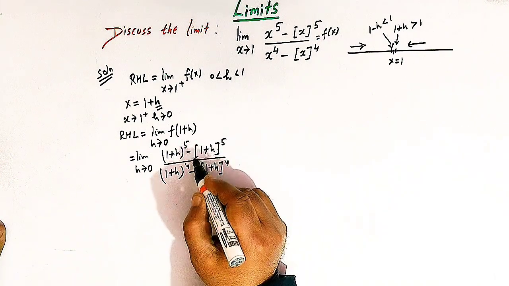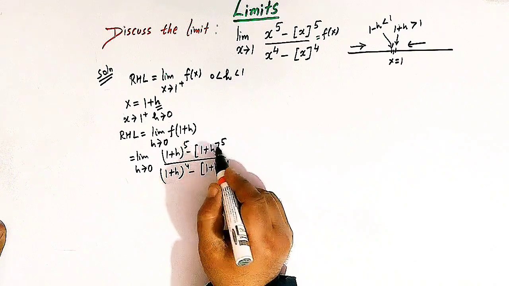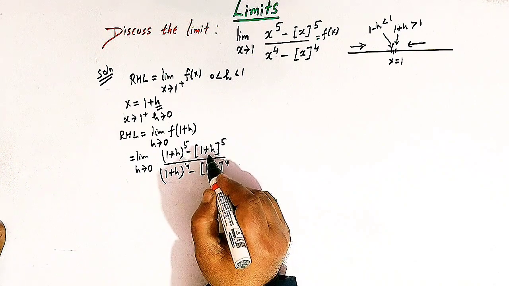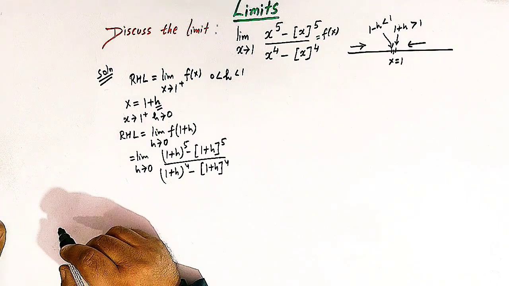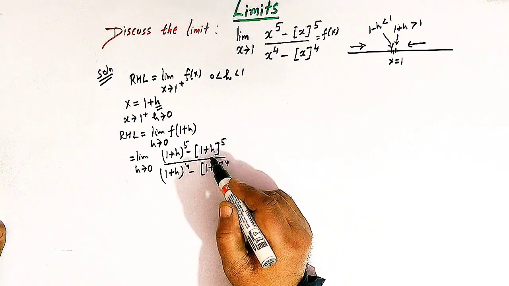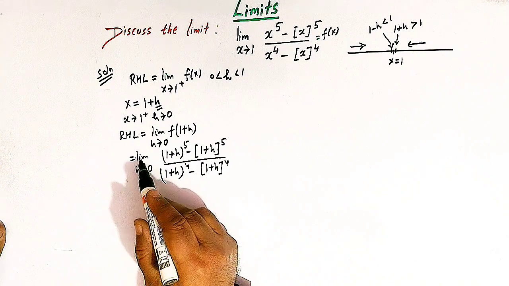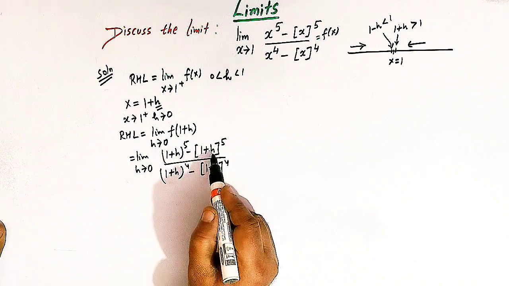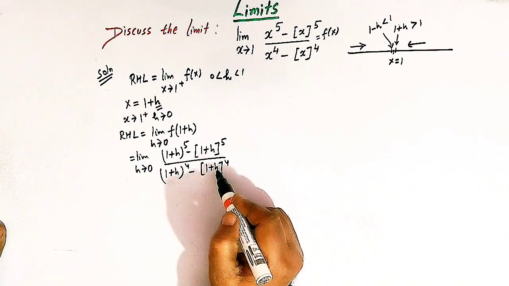Now see, here we have greatest integer function. So first we have to take care of this greatest integer function, because greatest integer function is a very special function, and whenever we come across this greatest integer function in limits, we cannot directly substitute h is equal to 0 over here, right?